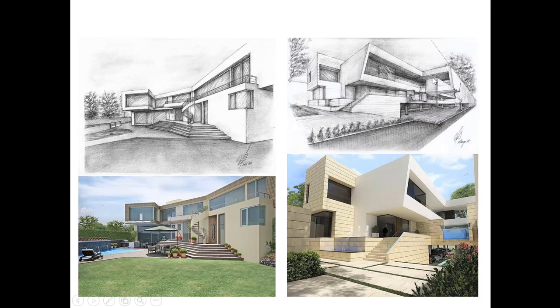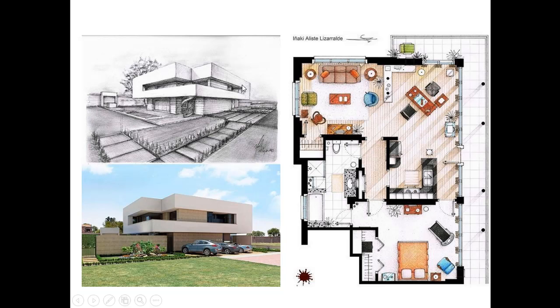Here also are sketches by hand, and here by computer. The presentation here uses a render technique or pencil rendering technique. Another example is this house, by computer, and here by hand.